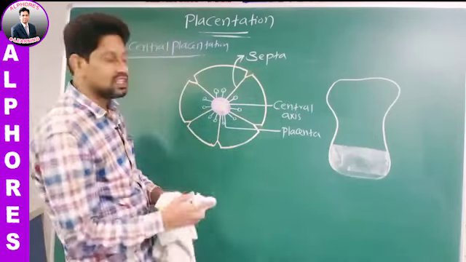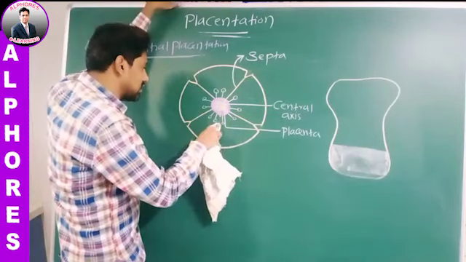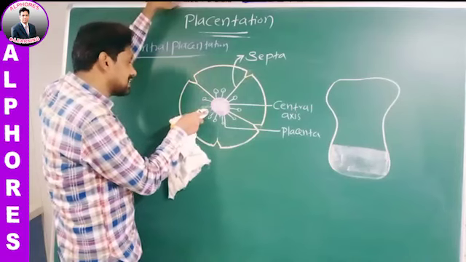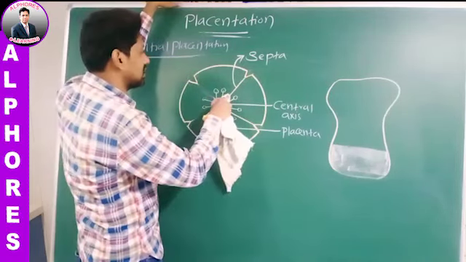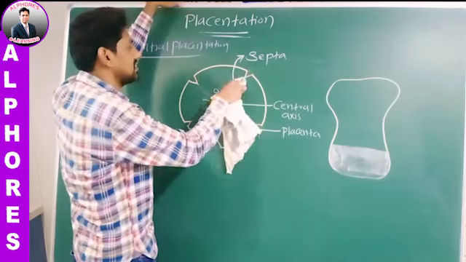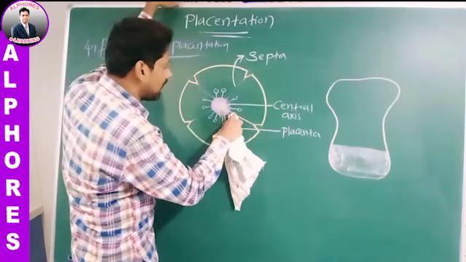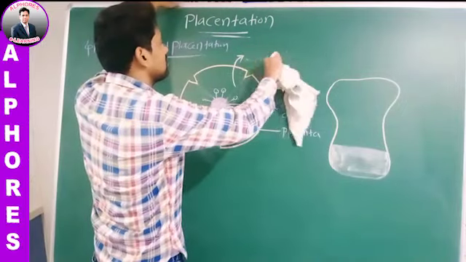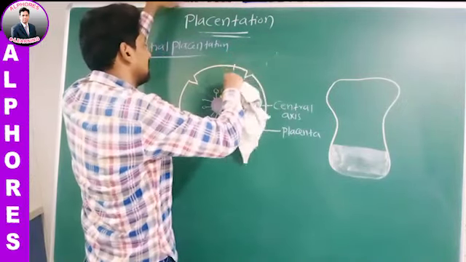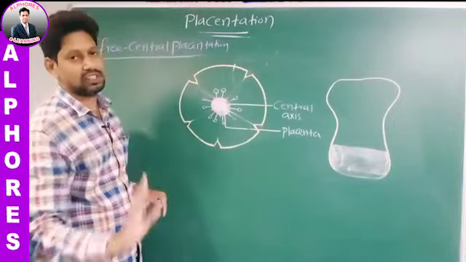If the septa disintegrate, axial placentation changes to free central placentation. Axial placentation has changed to free central placentation by disintegration of septa.